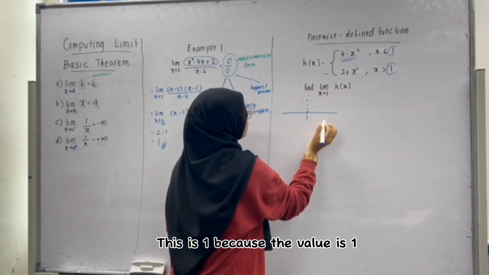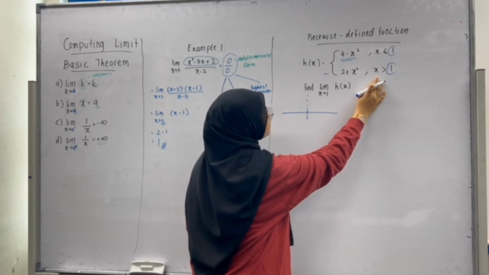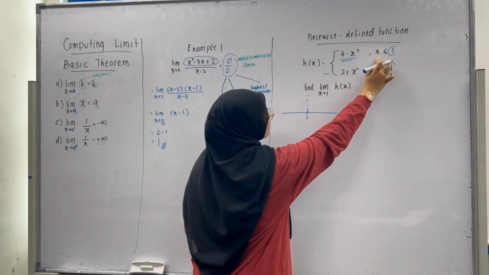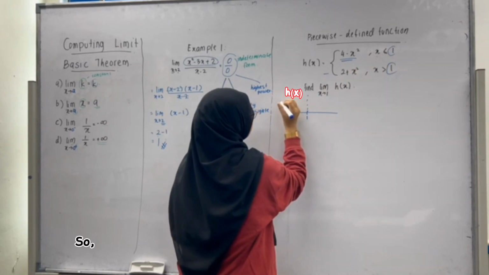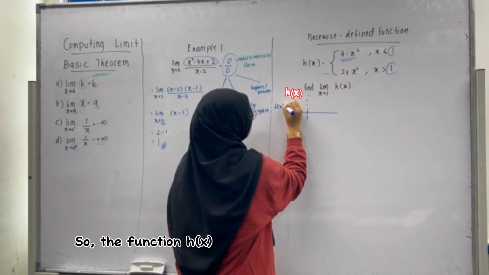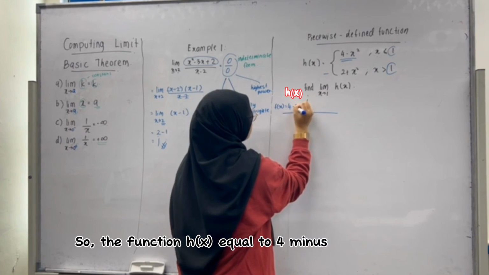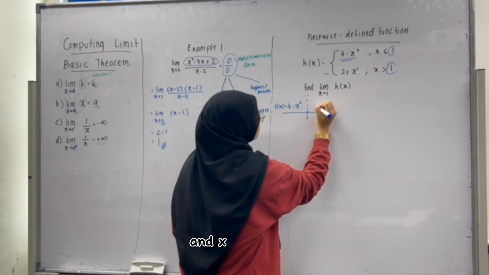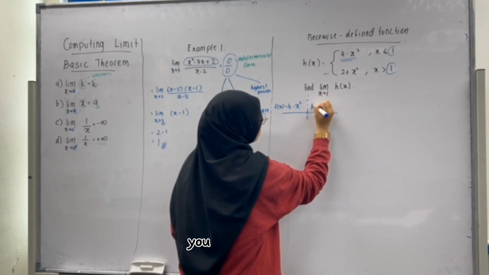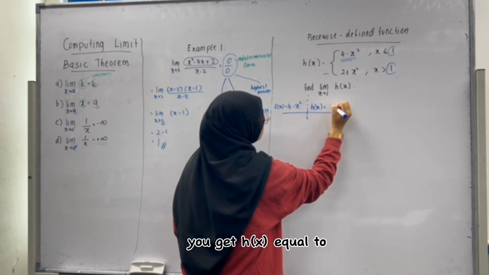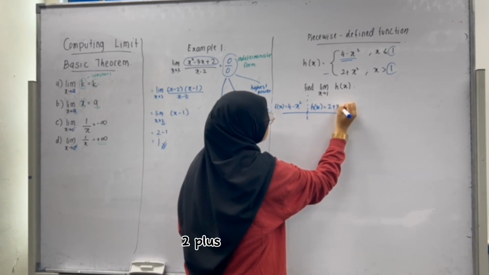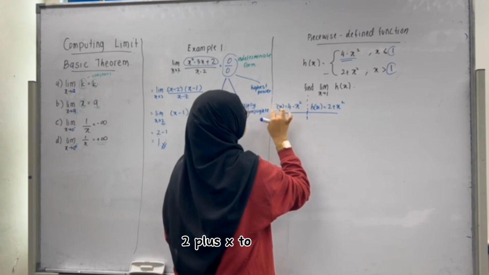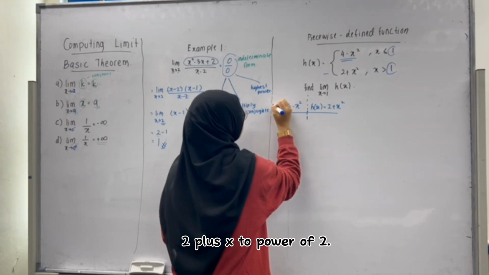For x less than 1, the function is f(x) equal to (4 minus x) over 2, and for x greater than 1, we get h(x) equal to 2 plus x squared. So this is h(x).